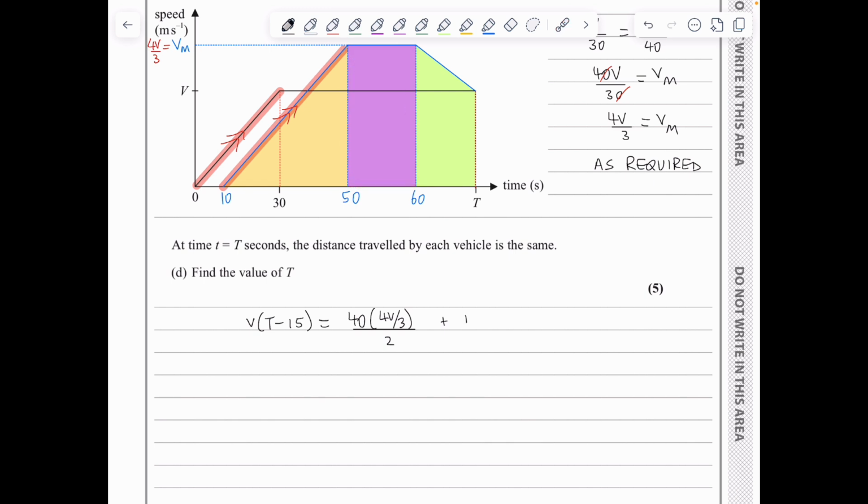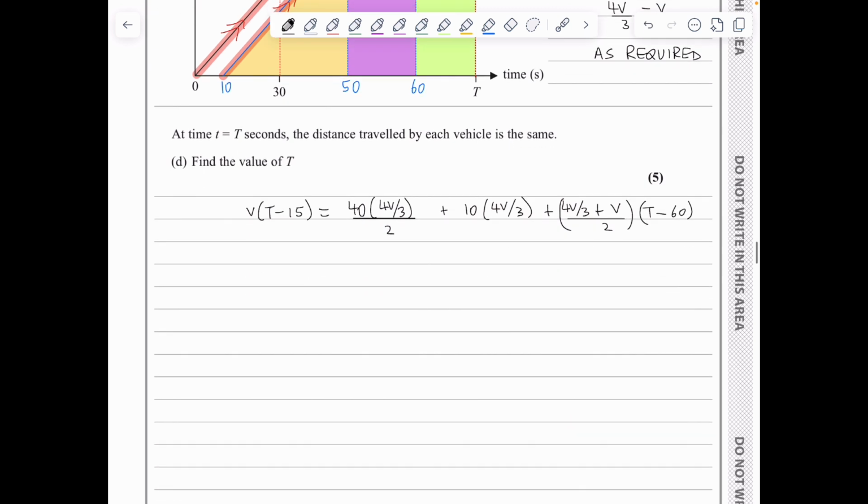So we're looking at 10 times 4V over 3, plus the trapezium, which has a base 1 of 4V over 3, a base 2 of capital V, and a height of T minus 60. So we're looking at 4V over 3 plus V over 2, that's base 1 plus base 2 over 2, times the height of capital T minus 60.